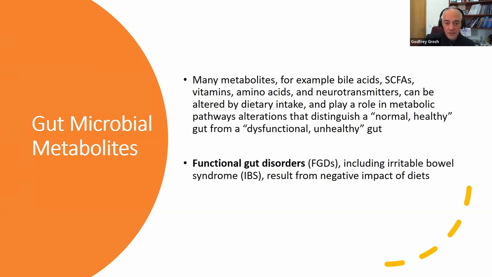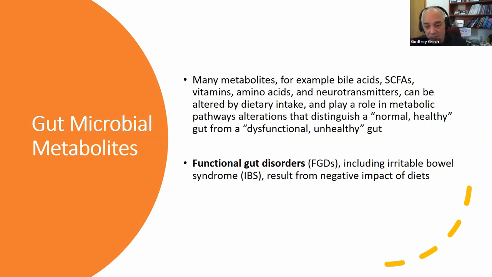And all this is altered by dietary intake. And that plays a role in the metabolism of the organism, of the human being in this case. Okay? And this balance will provide us and distinguish a normal healthy gut from a dysfunctional unhealthy gut.